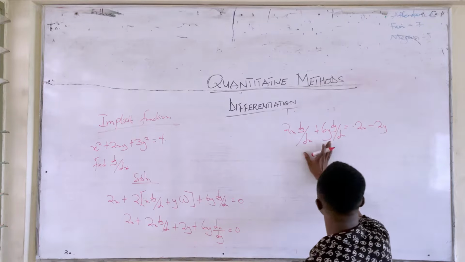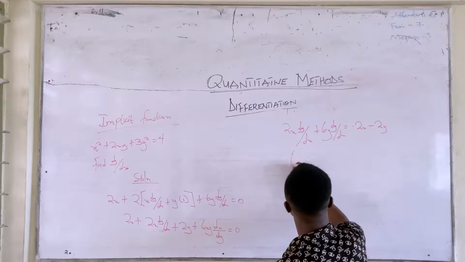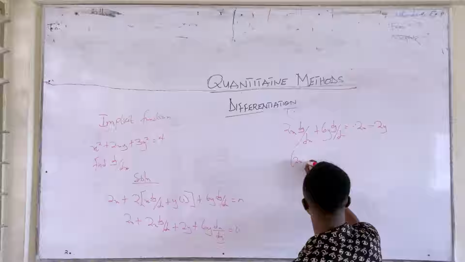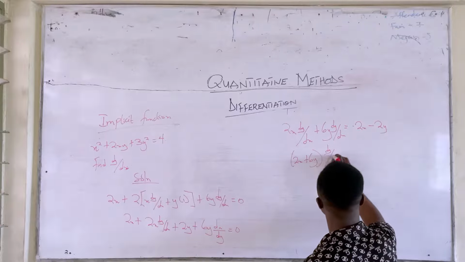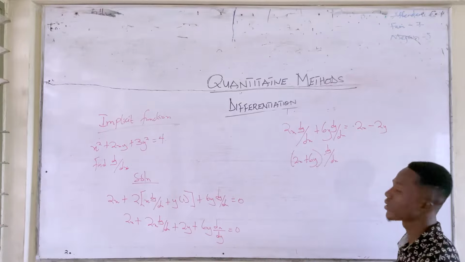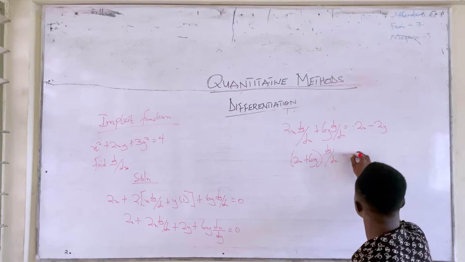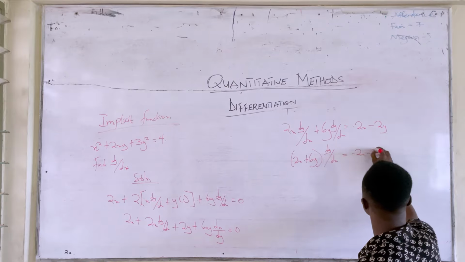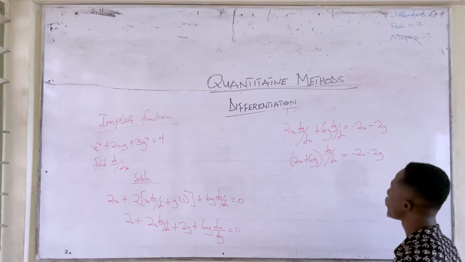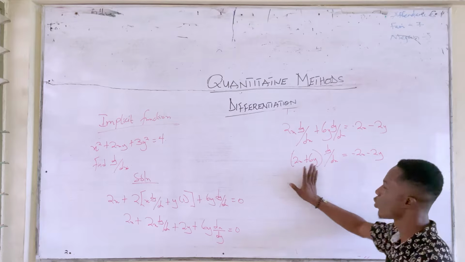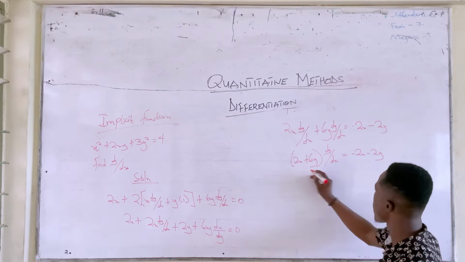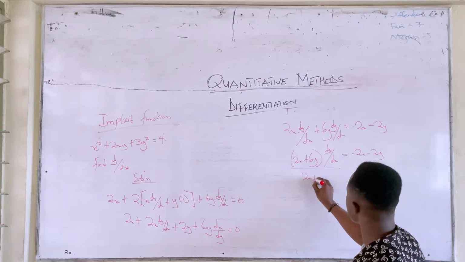And so you group like terms, you have 2x plus 6y dy dx outside. You see that? Then equal to negative 2x minus 2y. So here we want to make dy dx the subject, so we have to divide both sides by the coefficient of dy dx, that is 2x plus 6y.